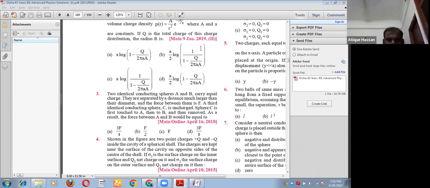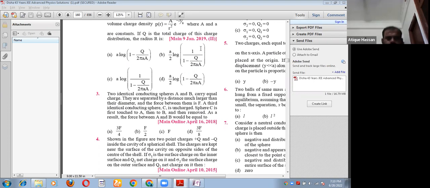It is also a JEE Main question asked in 2019. Have both of you gone through the question?